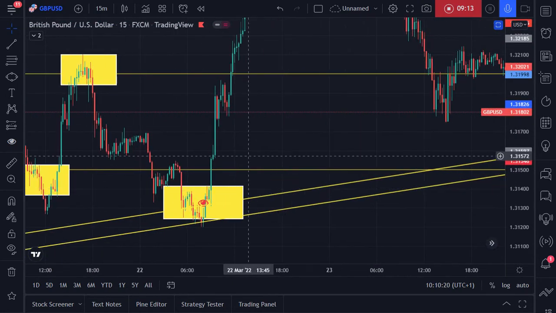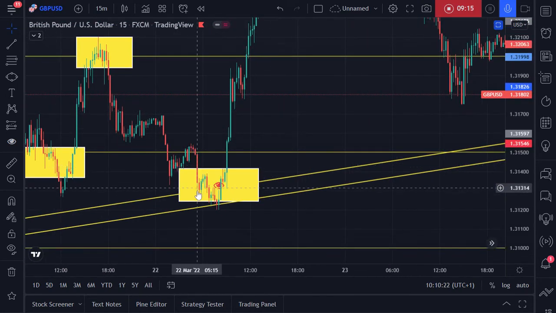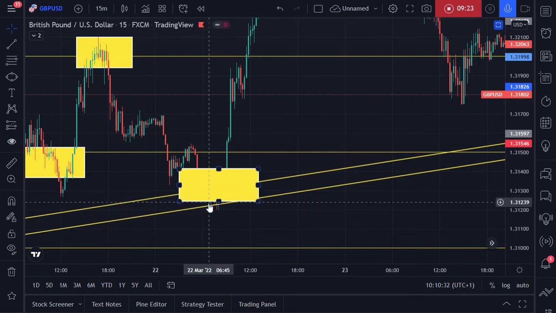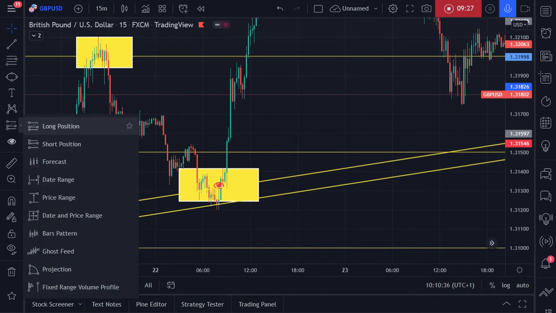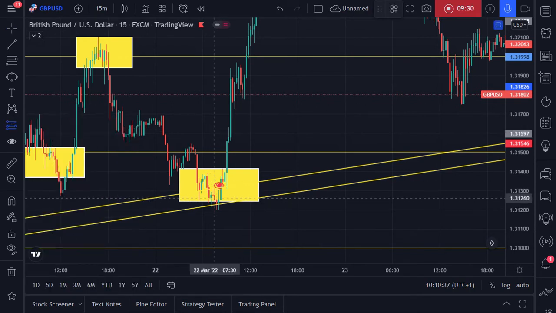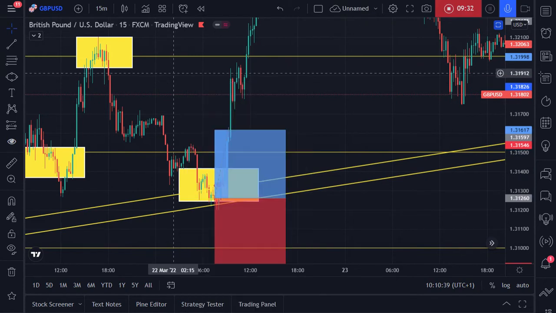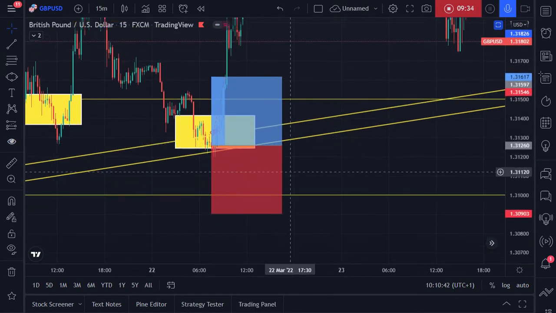You can see price drops into our point of interest. Price gave us a nice first bottom at this area and then crashed and gave us another bottom at this area. As you can see, the bottom is characterized by weak rejections. So we would have taken our long trade somewhere around here. When placing your stop loss, please be careful.